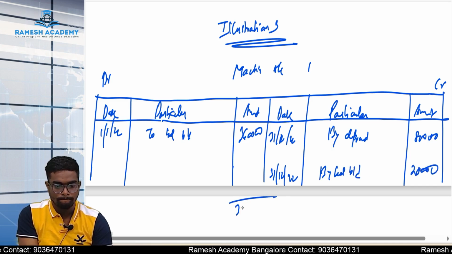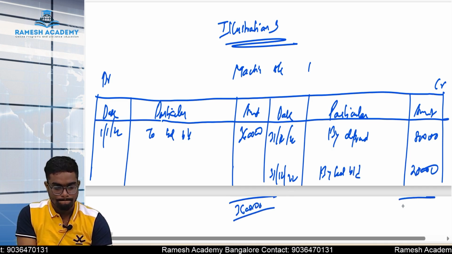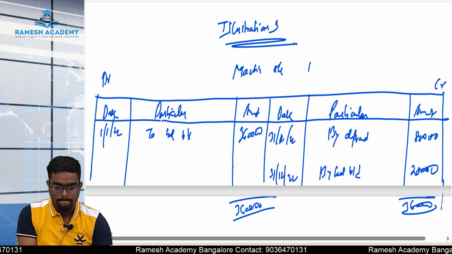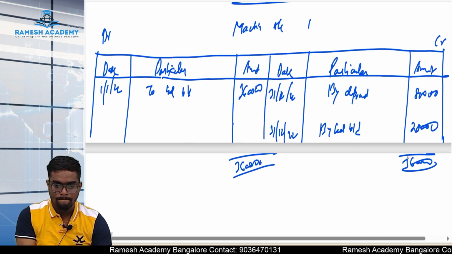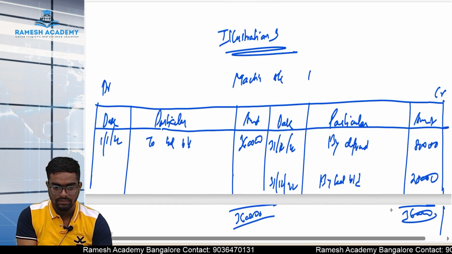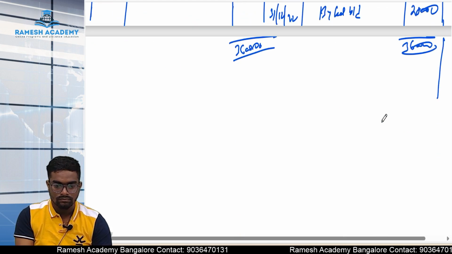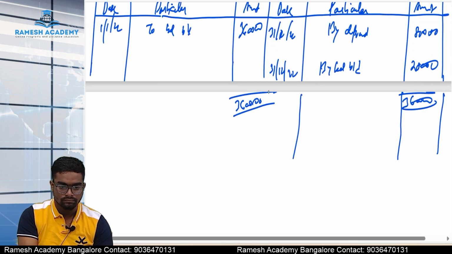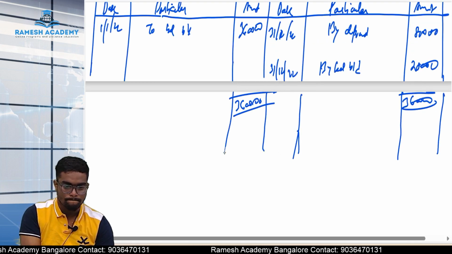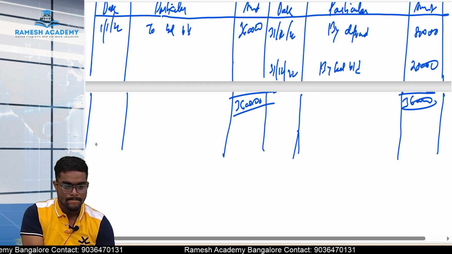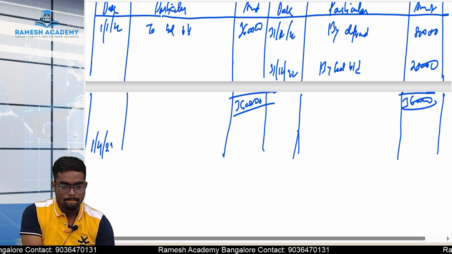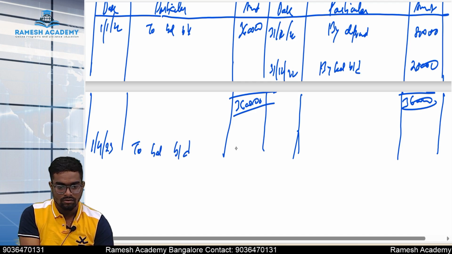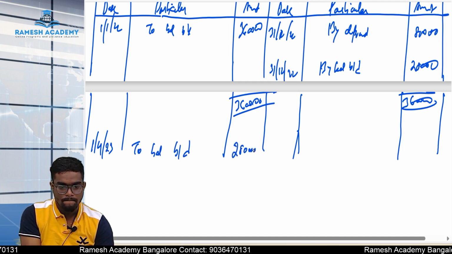Okay. So if you want, you can keep it for next year also. To balance brought down, 2 lakh 80.